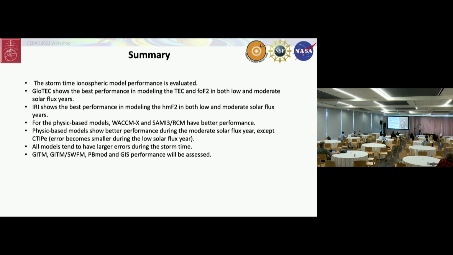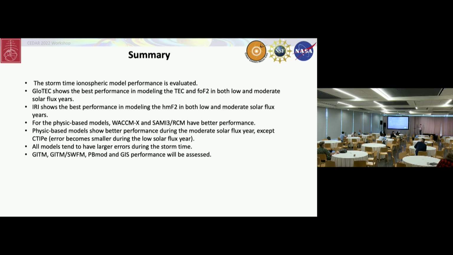Any questions? Nick. What were the F10.7 values we used during the 2013 and 2021 storm cases? I guess, like how solar minimum, what were those cases like?